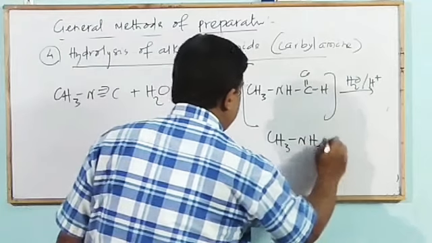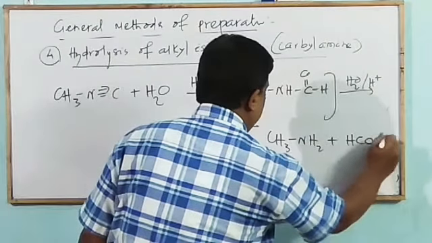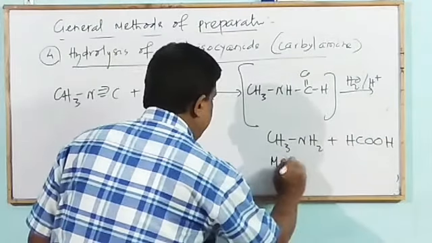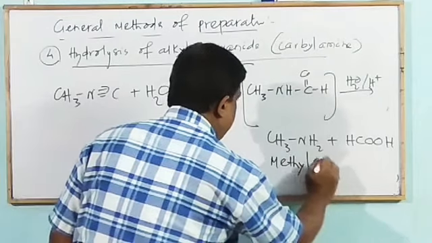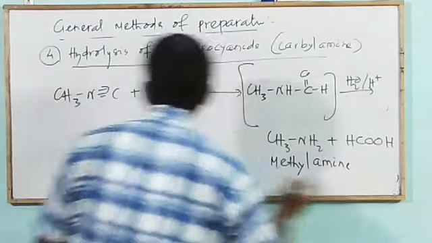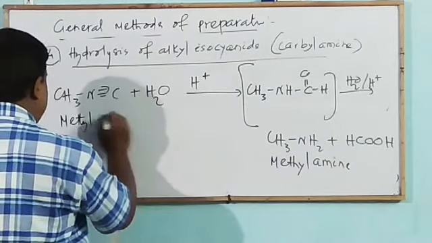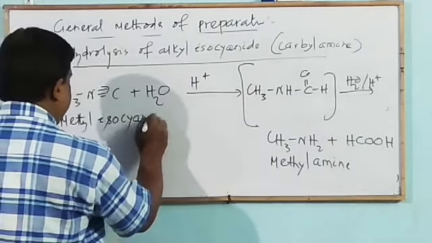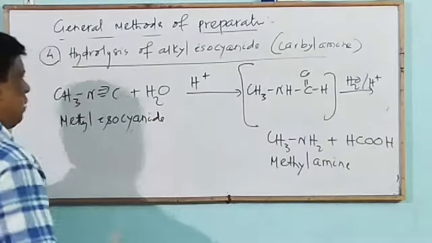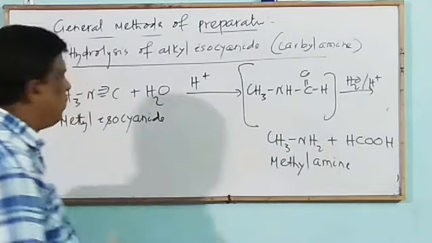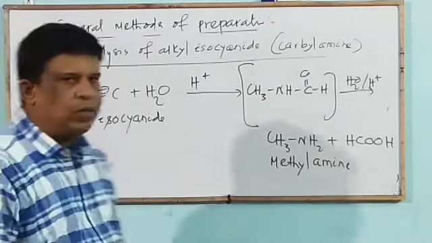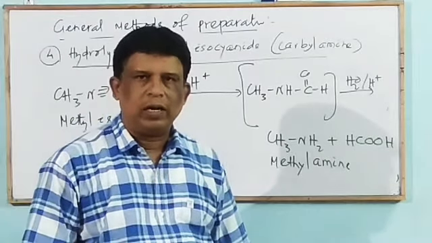CH3NH2 plus HCOOH. Its name is methylamine, 1 degree amine. The reactant's name is methyl isocyanide or methyl carbylamine. This is the fourth method, that is hydrolysis of alkyl isocyanide.